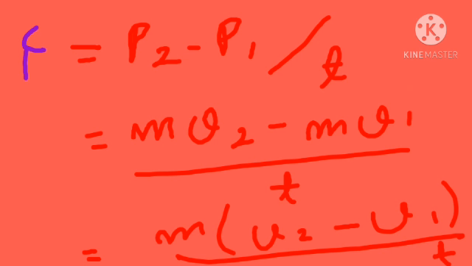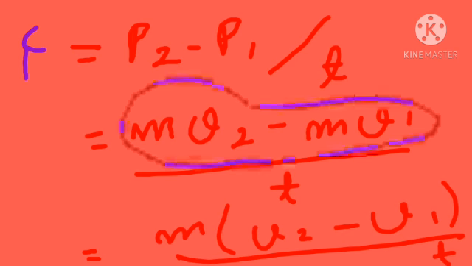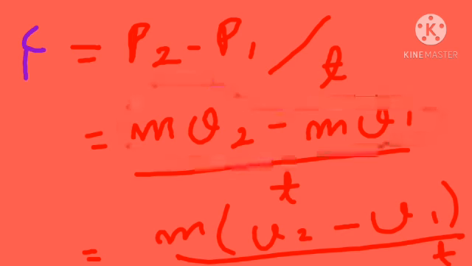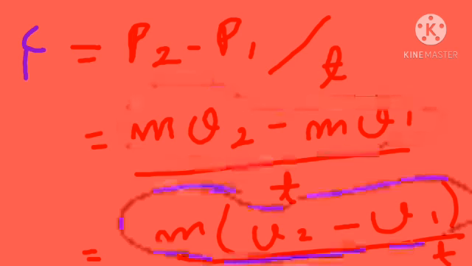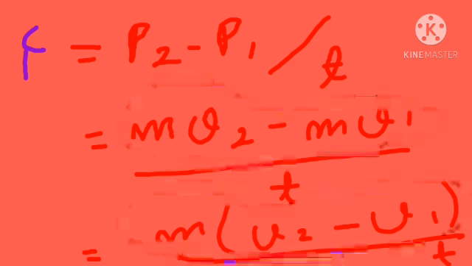So (mv2 minus mv1) upon T. M taken common, so remaining is v2 minus v1. Got it? Now m times (v2 minus v1) upon T. We know very well the rate of change of velocity is acceleration. So I can write (v2 minus v1) upon T as a. So F equals m a.